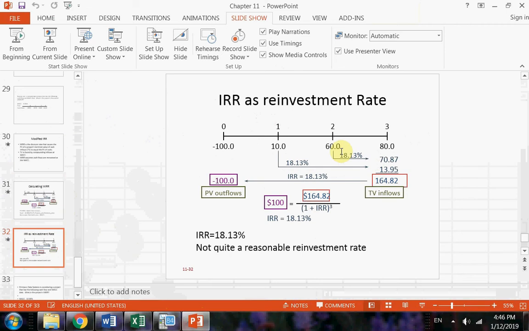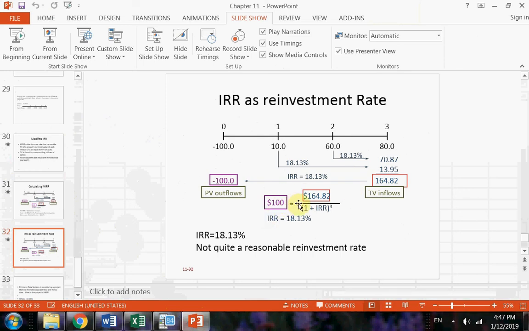So that's why this regular IRR is not as good as modified IRR. But if you stay with what we just did with the IRR, you deposited $10 for 2 years, you deposited $60 for 1 year at an 18.13% rate, and you got a final terminal value, that's your final balance. And if you use the IRR as discount rate for the final balance, it would give you 100.